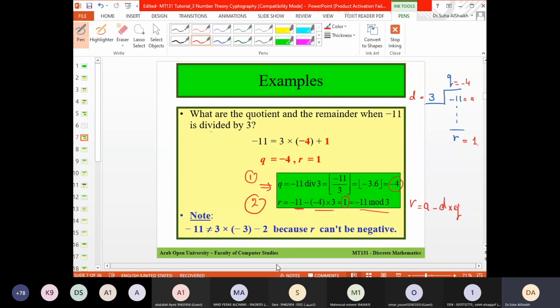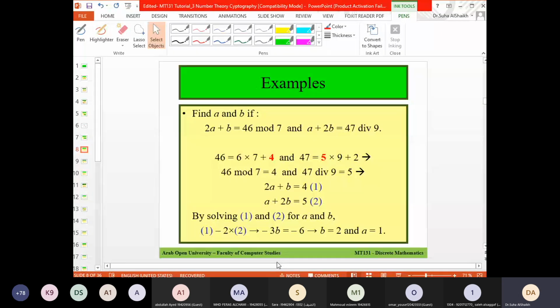No matter what numbers they give you, positive, negative, أرقام كبيرة, all the cases you use the same rule. أول شيء نجيب ال Q by finding the floor function of dividing the two numbers بإشاراتهم. ننتبه إنه we take them with their signs. And the remainder is A minus D multiplies with Q. Any question here? Yeah, good.